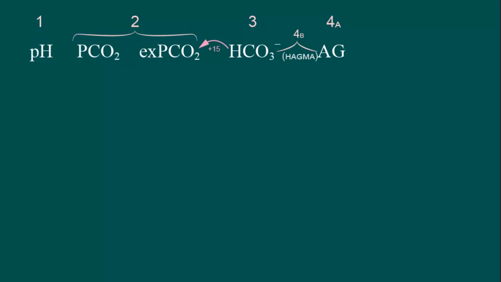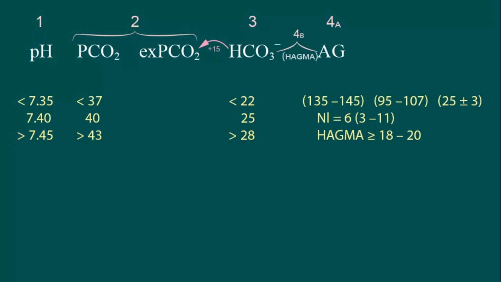First step is looking at the pH, see if you're acidemic, alkalemic, or neutral. We look at the PCO2 and the expected PCO2 to understand the respiratory component. For step 3, we look at bicarb alone, and that gives us our net metabolic status.